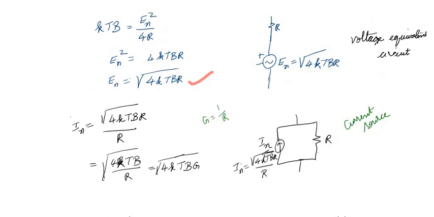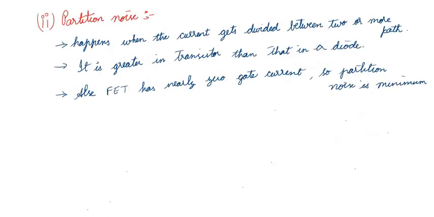Clear? Then the second type of noise is the partition noise. What is partition noise? If you go by the name, the noise happens due to the partition of current, the current division between two or more paths. A BJT has 3 terminals, and a MOSFET also has 3 terminals.